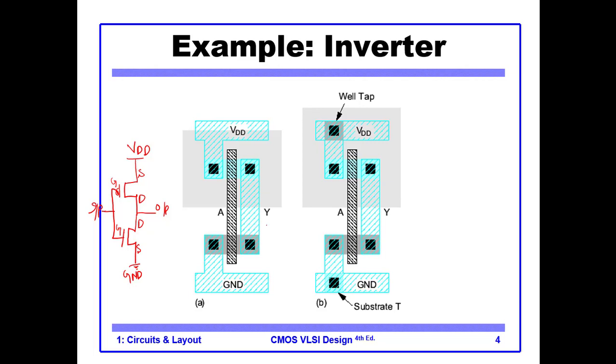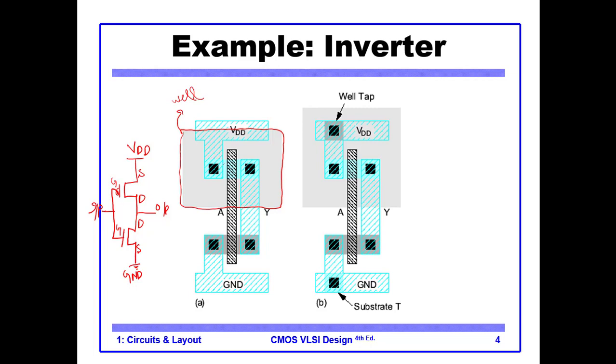Let's try to see how the different things map. If I consider the PMOS, this is the N well. This is your well, this is the VDD.